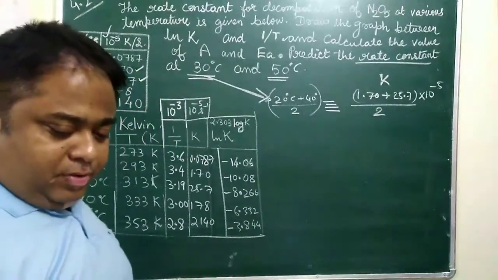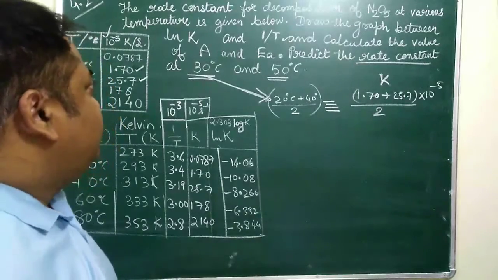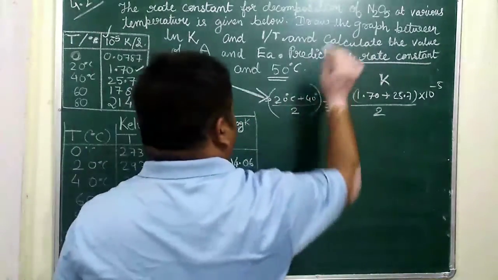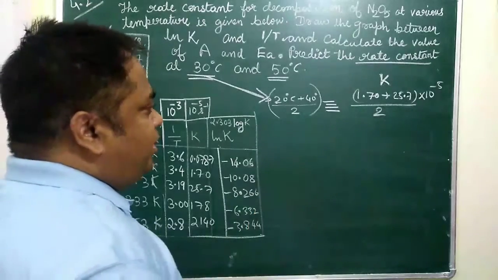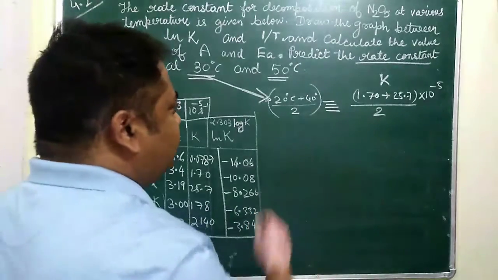But still the task has been given to draw the graph, so we can draw the graph, but in the exam you can play this small trick to get the value very easily. So let me calculate this value for you.